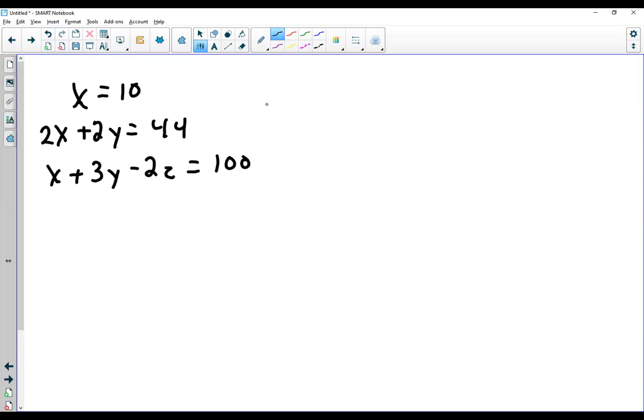So for this one, we're looking for three variables, right? We have three missing variables. We're looking for X, Y, and Z. I'm going to give you the easy one, which is just find one at a time. I already give you X is 10. So you can put 10 right here.